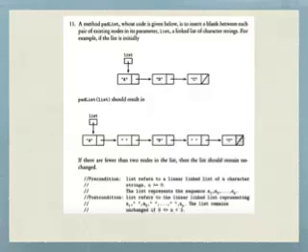But then after the A node, there is an empty node. Then after the empty node, there is the original B node. After the B node, there's another empty node, and after this empty node, there's the C node. So if there are fewer than 2 nodes in the list, then the list should remain unchanged.